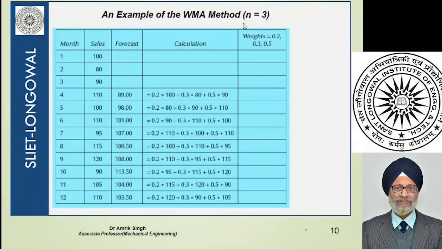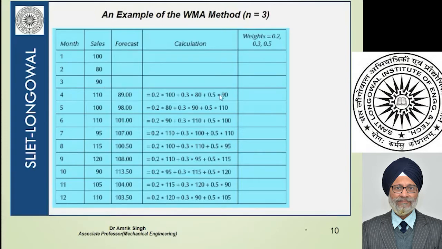We have taken n as 3, so 3 periods. You see, the sales value is given for 12 months. Our aim is to find the forecast for the month of April. What we have done is assign 0.2 weight to the first month, then 0.3 to the second month, and then 0.5 to the last month.